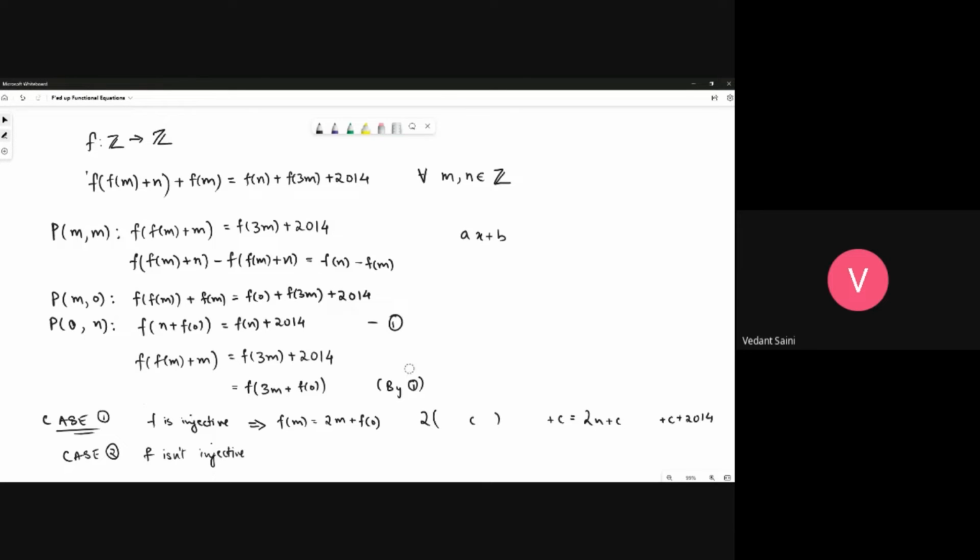So cancel these out. What we're left with is, probably I made some mistake here. I get a c here too because we're doing f of n and then f of that, c plus another c. So cancelling the n's and the m's.